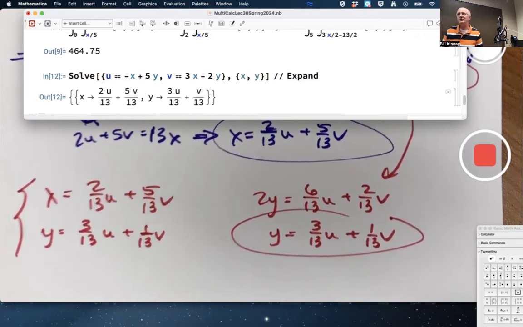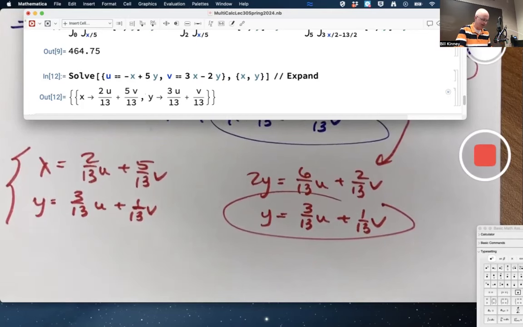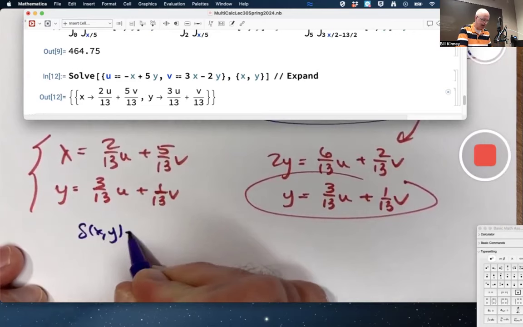Once you've solved for the inverse transformation, then you use it. How? The function to integrate was delta of xy equals x squared y.